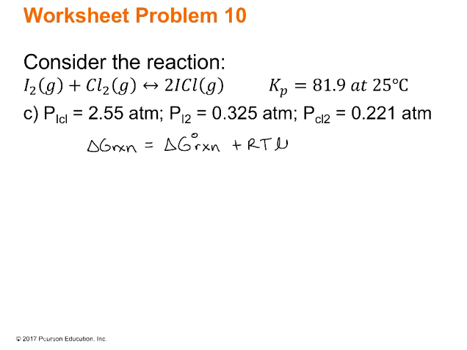And then we'll also need to determine what our reaction quotient is because we're not at standard conditions any longer. All right, so Q, let's set that up, will be equal to the partial pressure of the product. And there is a 2 there, so we're going to square that. And then we're dividing by the partial pressures of each of the reactants. And both of their coefficients are 1. So we're just going to leave them as is.